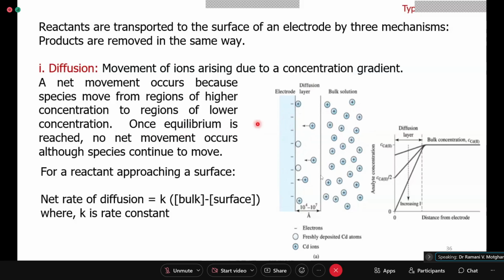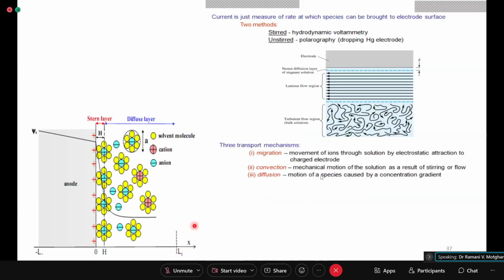Once equilibrium is reached, no net movement occurs, although species continue to move. For a reactant approaching a surface, the net rate of diffusion is equal to K times the bulk concentration minus the surface concentration of that particular analyte, where K is the rate constant.